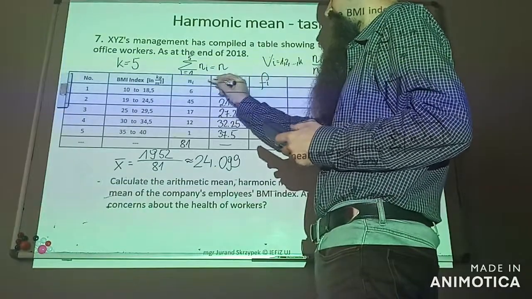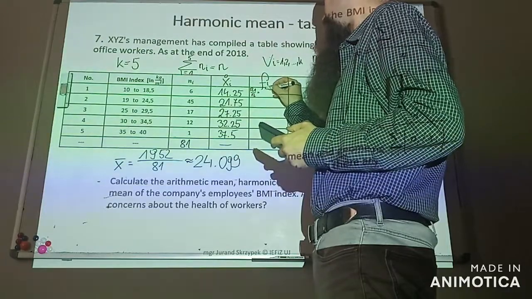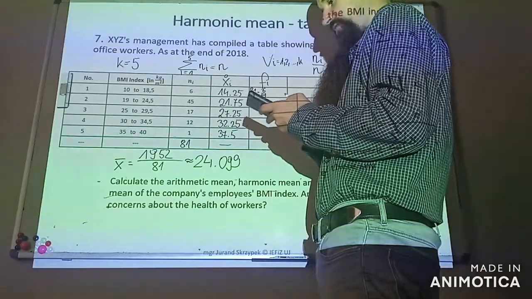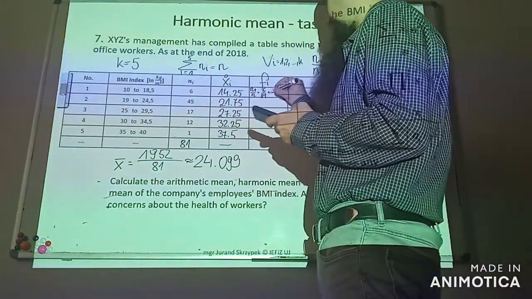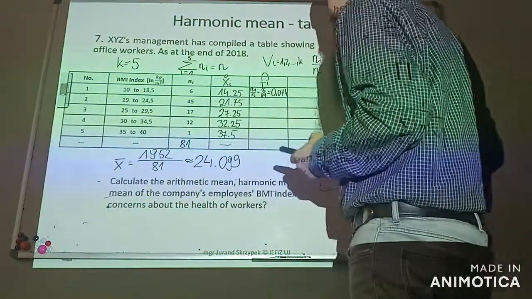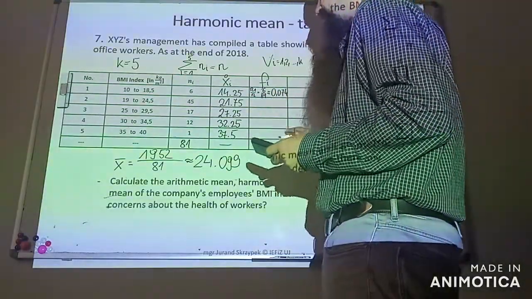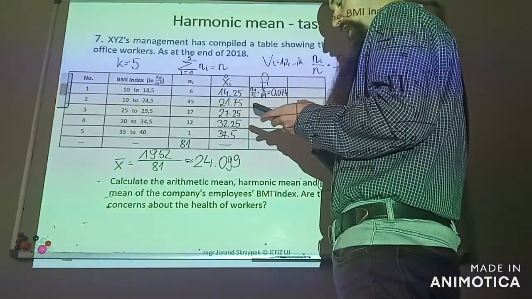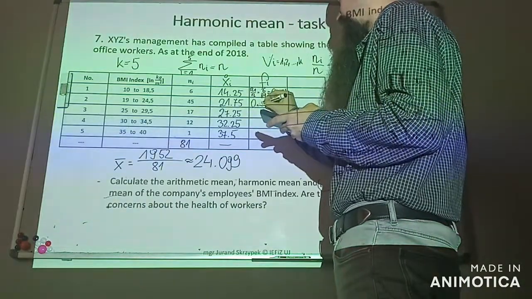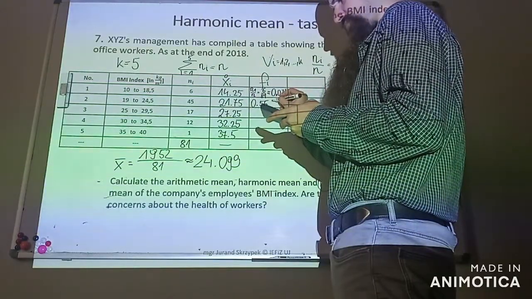First relative frequency is ni by n. So n1 divided by n means 6 divided by 81. 6 divided by 81 gives us approximately 0.074. In the next row we have 45 divided by 81, and it's about 0.556.